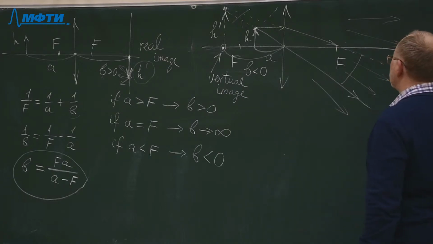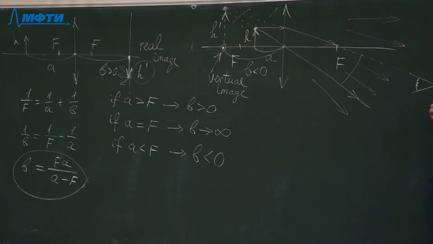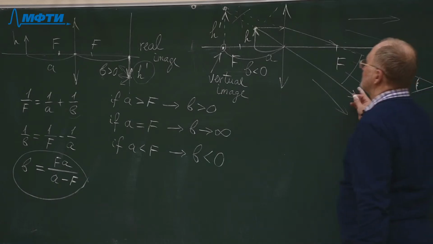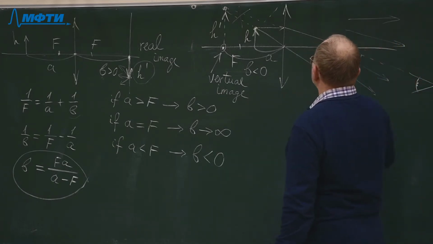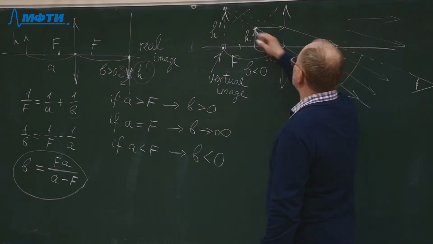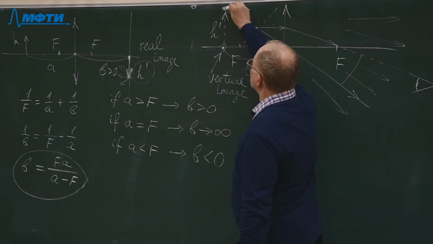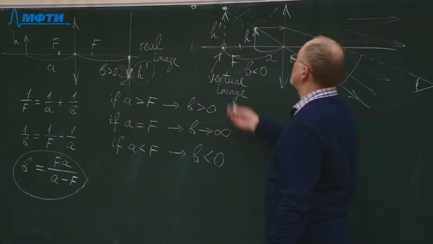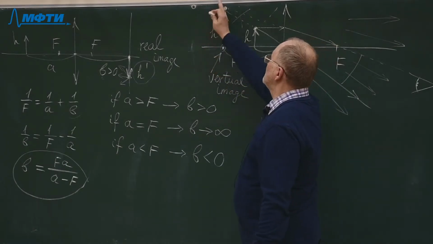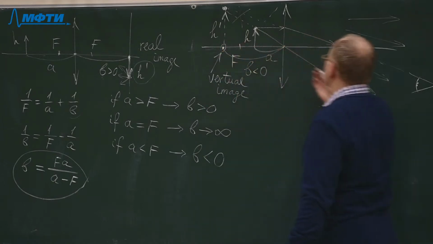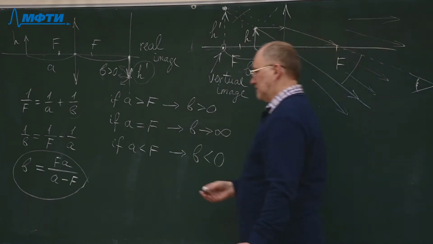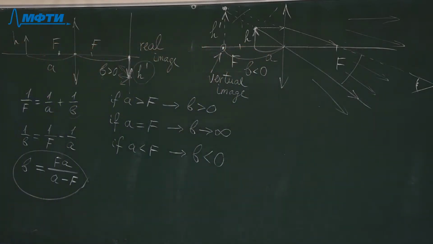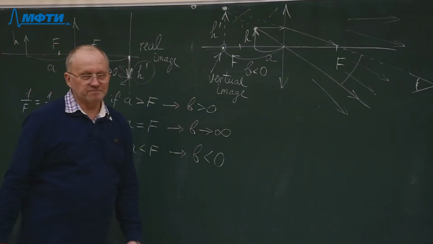So in this case, the real image is constructed inside the human eye on its retina, because we see the divergent beam of rays, and all these divergent rays seem to come from a single point which we perceive as an image, but this is actually not a real image, because if we put a screen here, we will see nothing. We can only see this image through the lens, and the screen will not help us in this case. So there is a distinct difference between real images and virtual images.